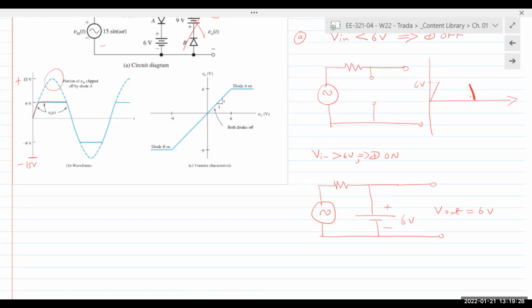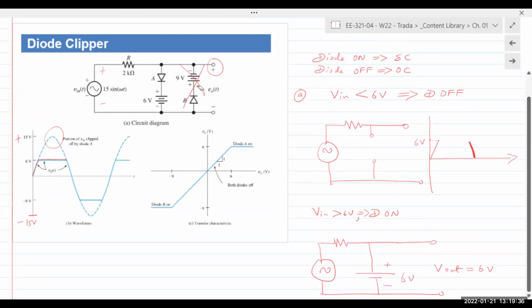So at the same time, if we do look at B, what happens? When the positive half cycle, if we do look at B, cathode of B is held at 9 volts. Anode is going to be at positive. What is it going to be? It's going to be reverse bias. It's going to be off.